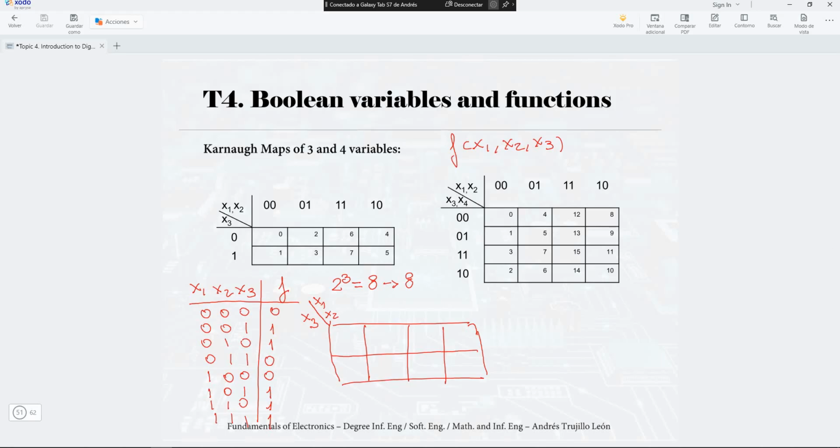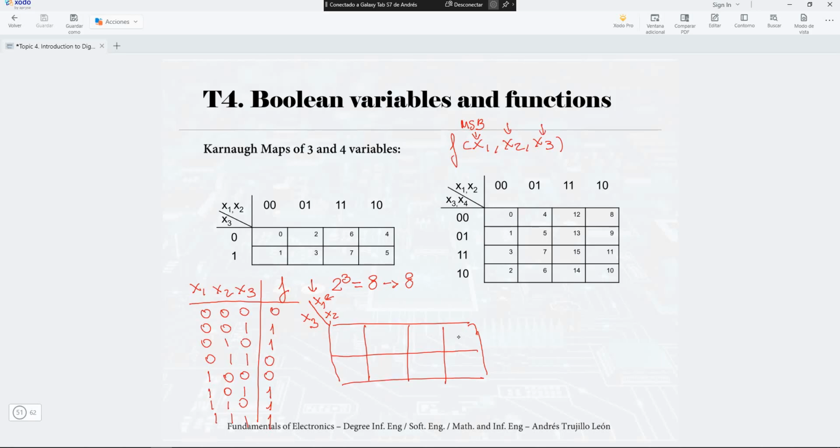Quite important, you have to put here the variables respecting the way in which they appear in the function. I mean, if x1 is the most significant variable, you have to put it before. Later, you are going to put x2 and finally x3.